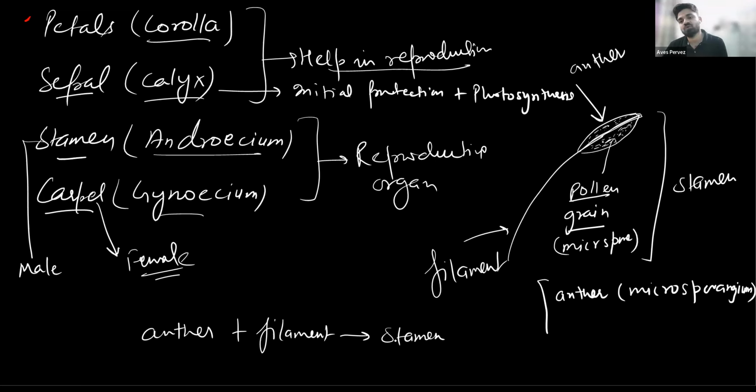Please note it down, because these are different terms, and their names are asked in the examination as MCQs. So please note it down. Petals are also called corolla, sepals are called calyx, stamen is called androecium, and carpel is called gynoecium. These are the biological names: corolla, calyx, androecium.